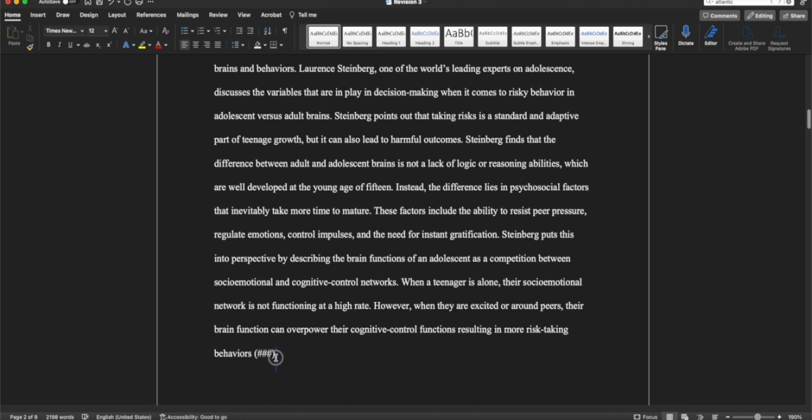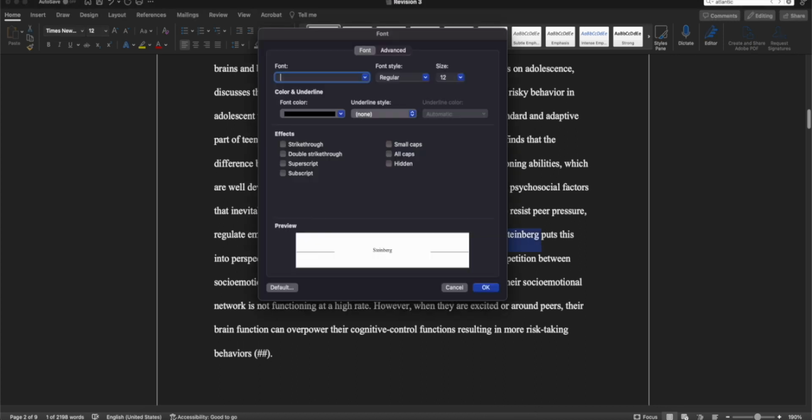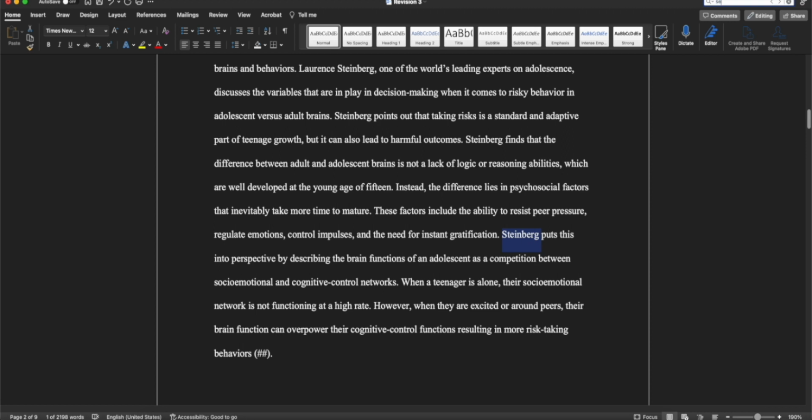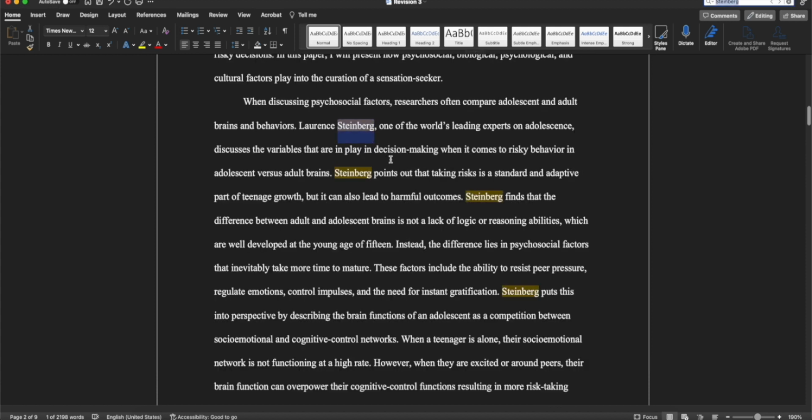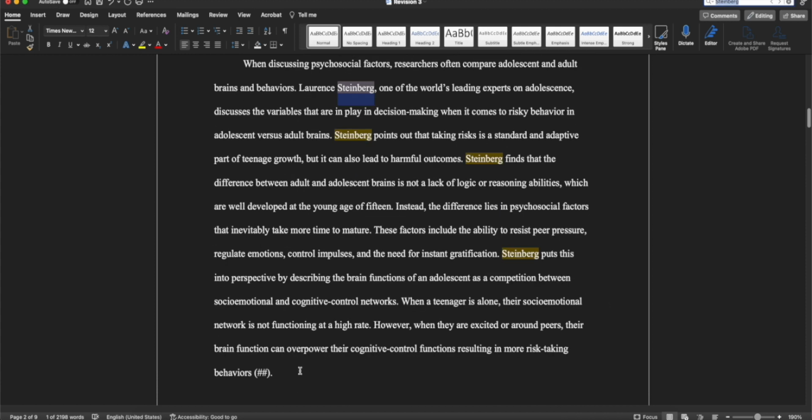And then we also want our punctuation to be at the end. So just to remind you what it looked like, there was a period, and then there was the citation. We want just the page number because we've mentioned the author's name throughout here. Look at how many times we're mentioning the author's name. So we don't need it here.